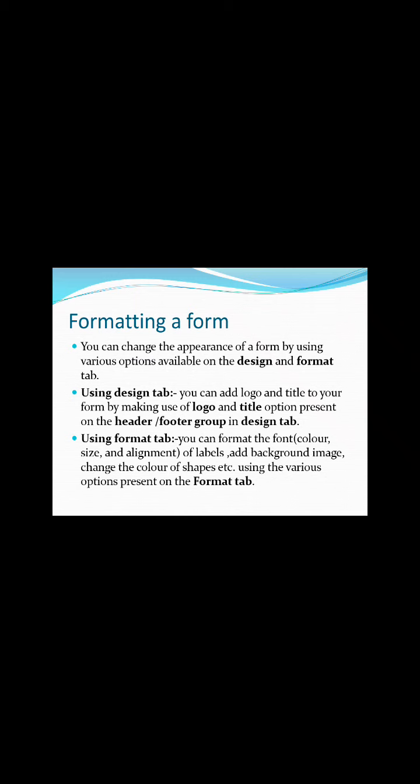Suppose you are going to insert a logo, so just click on the design tab, go to the header and footer group, you will get the logo option. Click on the logo option, you will get a dialog box to select the picture as a logo, and once you select the picture, just click on open. That picture will appear as a logo in your form.